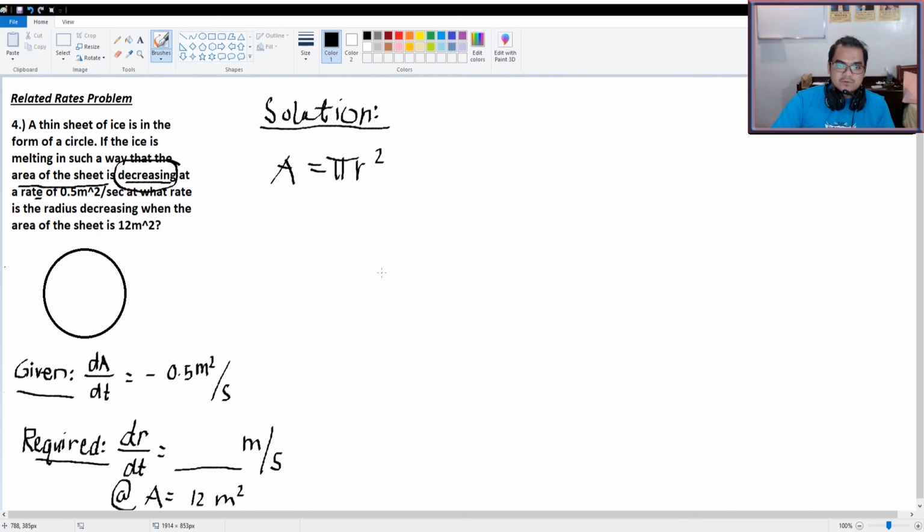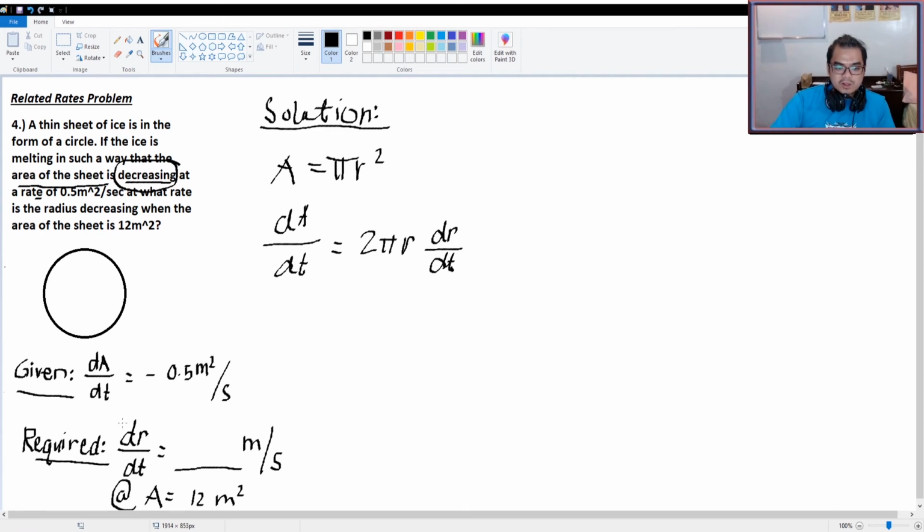Now, taking the derivative of A with respect to time, dA over dt is equal to 2 pi r times the derivative of r, which is dr over dt.